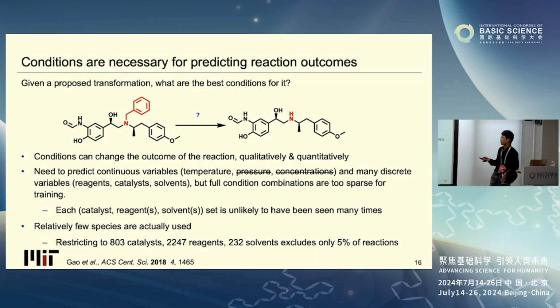So in the end, we do not have that many types. We have 800 catalysts, 2,000 reagents, and 200 solvents, which have many reaction precedences in the data set. So we can try to learn how those reactions map to these different types of catalysts, reagents, and solvents.